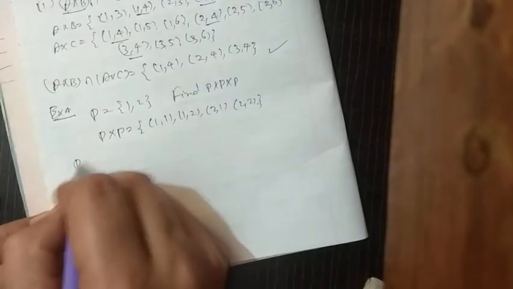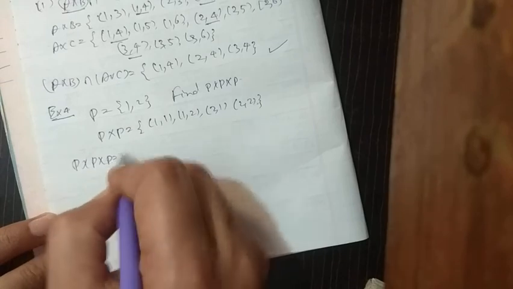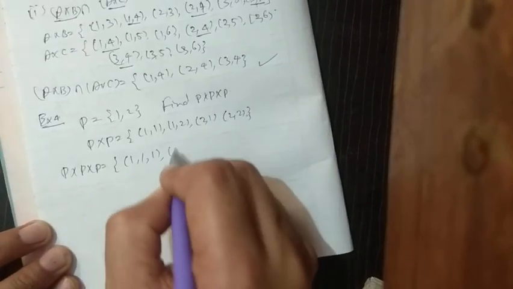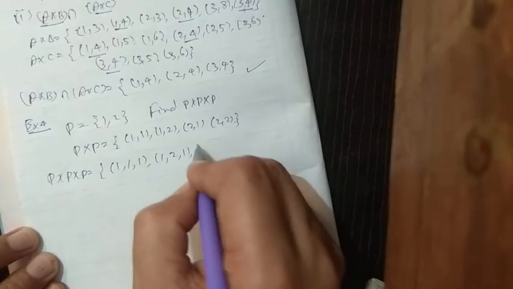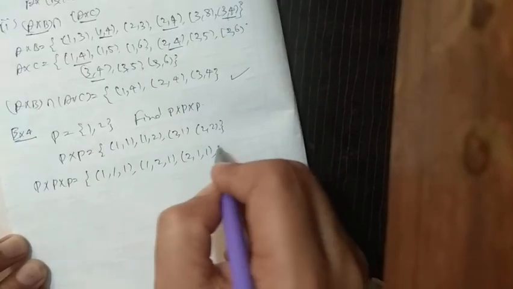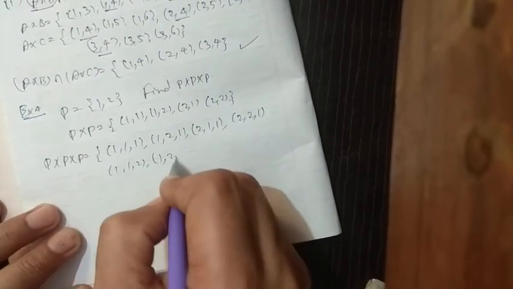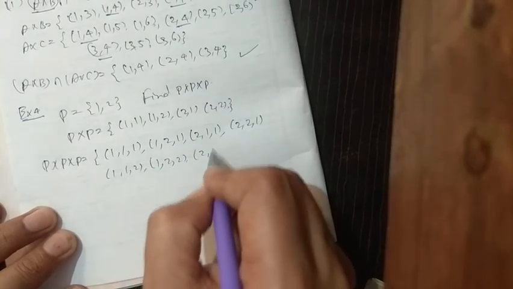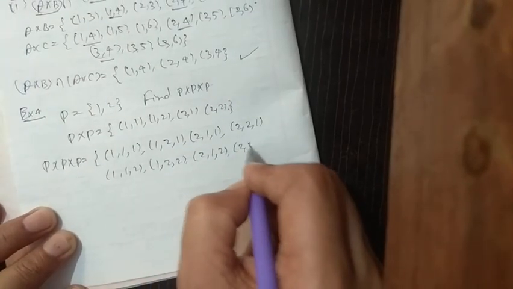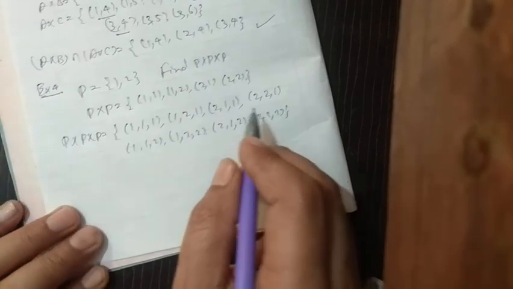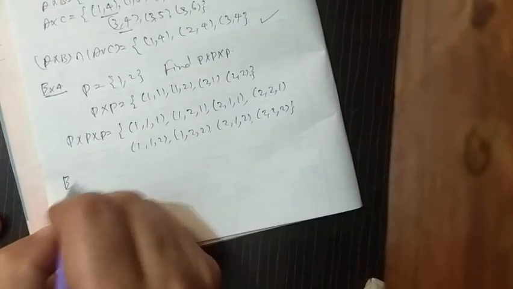Now you find P cross P cross P, meaning (1, 1, 1), (1, 1, 2), (1, 2, 1), (1, 2, 2), (2, 1, 1), (2, 1, 2), (2, 2, 1), and (2, 2, 2). These are Cartesian triplets.